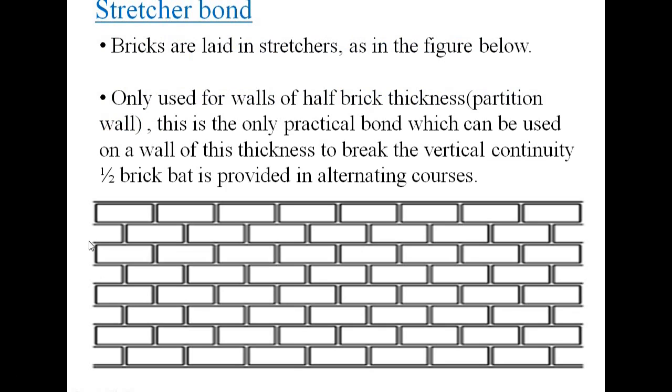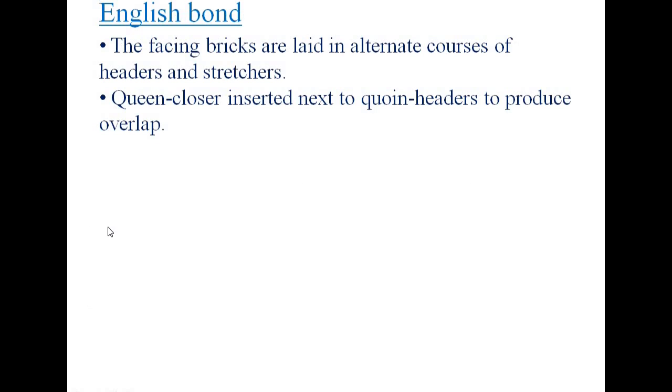At the end of the wall, a half brick bat is to be used. Here you can see this is the full brick and this is the half brick, to maintain the end of the wall. So alternately we have to use the half brick bat at the end of the bricks. So this is about the stretcher bond.